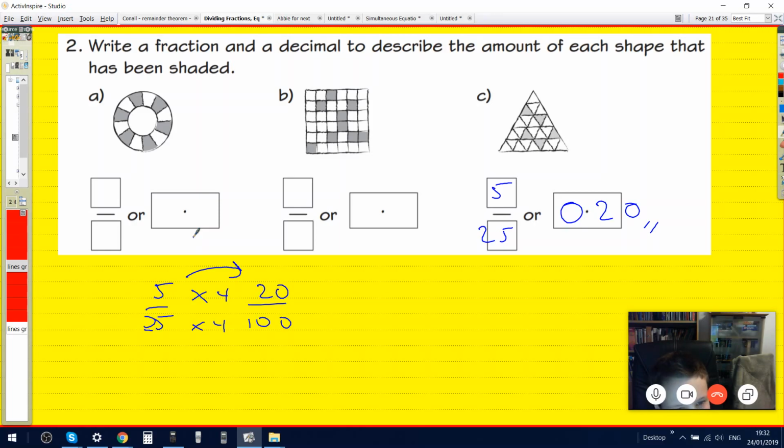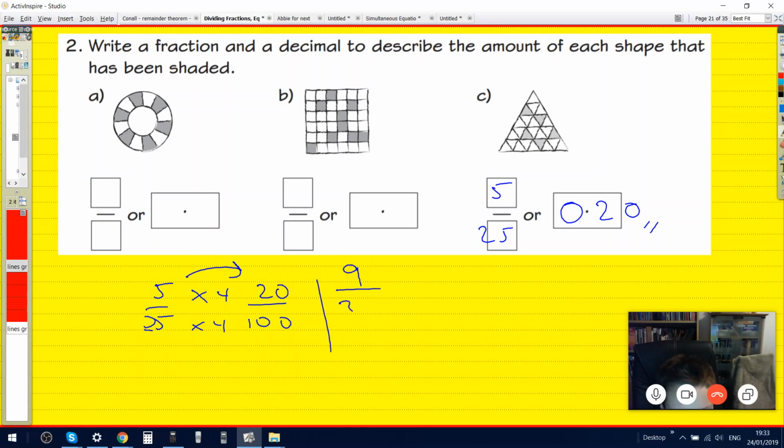So the middle one is B. So 9 of the squares in B have been shaded, and in total there are 36 squares. So the fraction for part B would be 9 over 36.